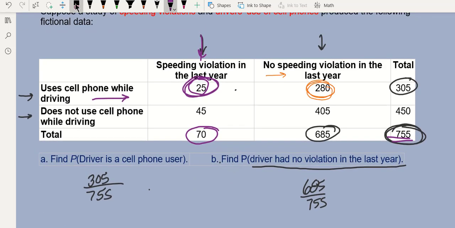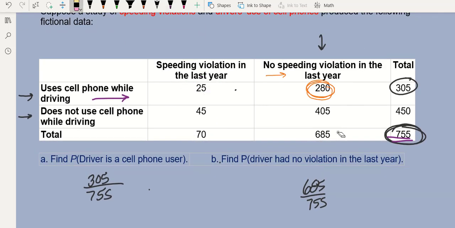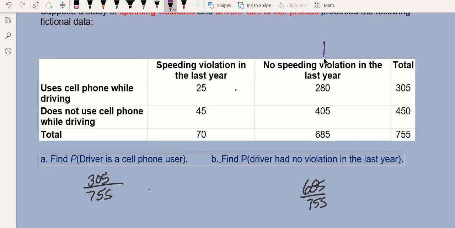If I erase all my little extra marks here so we don't get confused, I am saying that the driver has no violations. All right, so no violations is here. All right, given that the driver is not a cell phone user. So not a cell phone user would be this row. So where does that meet for us? That meets us at 405, right?